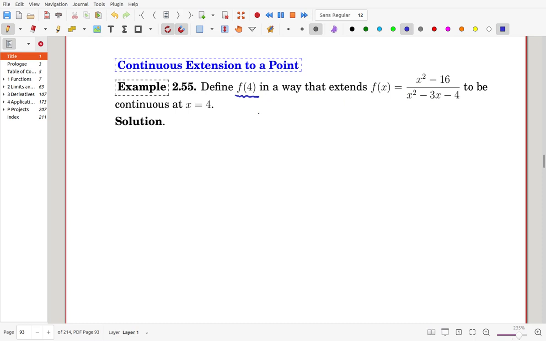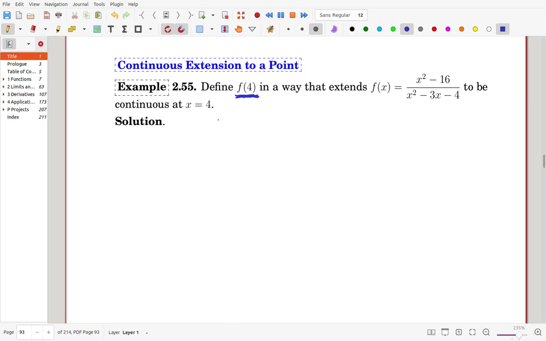So we will extend the function and try to define f(4) such that at 4 the given function is continuous after extension.